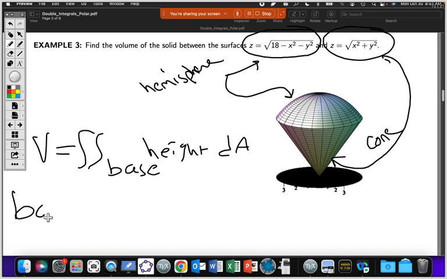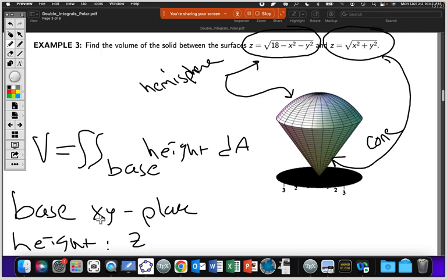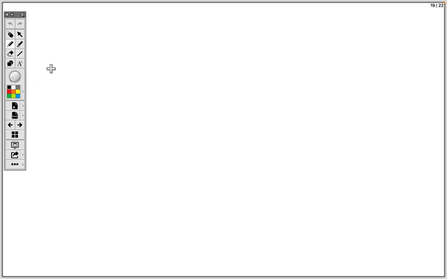So if we make the base the xy plane, then the height would be the z. And if we're thinking polar anyway, let me run this by you.